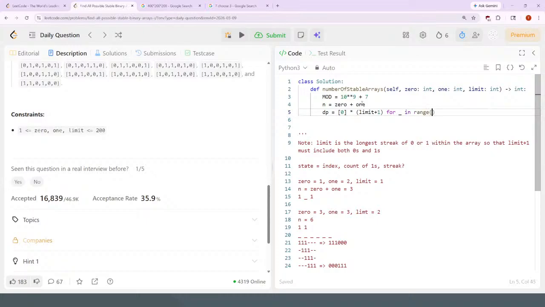Everything in range, the number of ones plus 1. Everything in range of n plus 1, something like that.